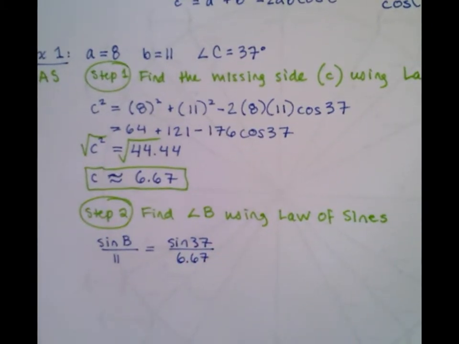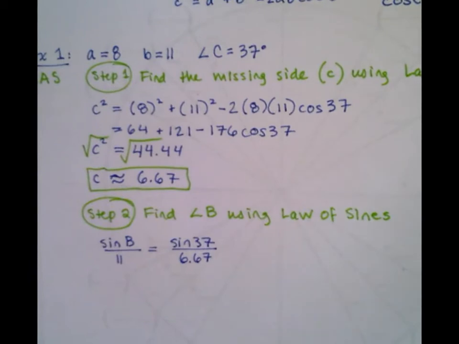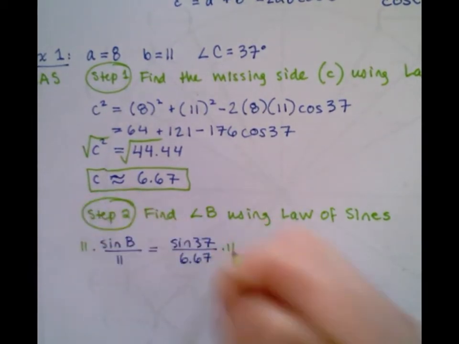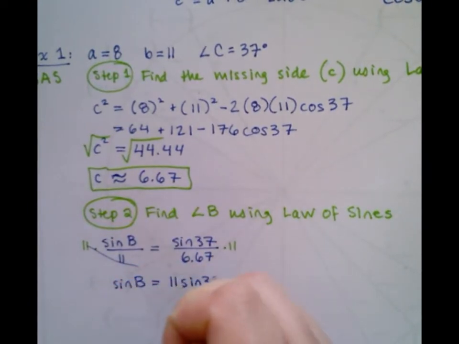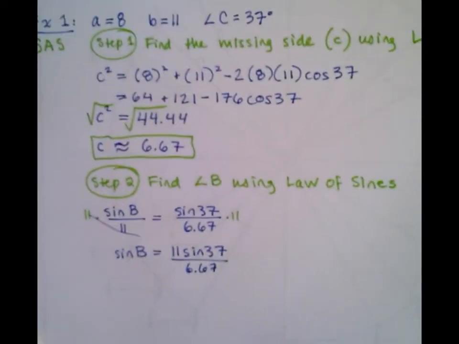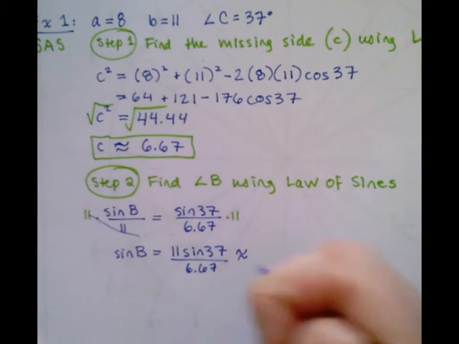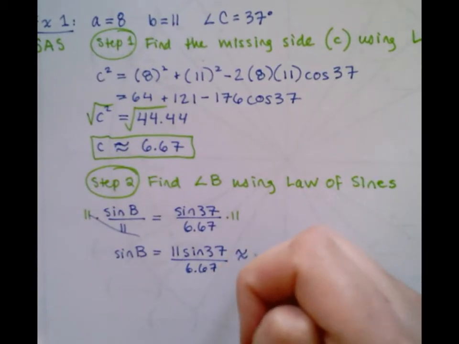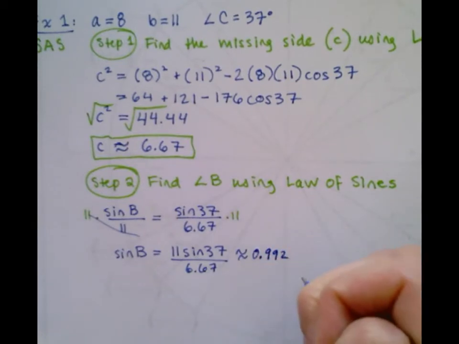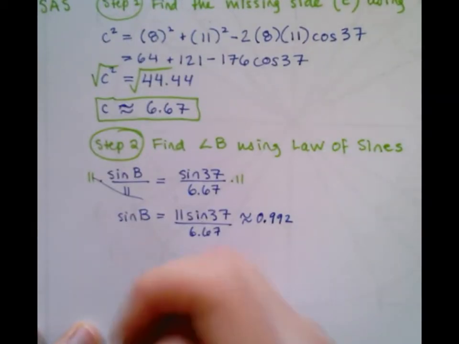To solve for B, I would multiply both sides by 11 to cancel. I get sine of B is equal to 11 sine 37 over 6.67. That's something to plug into the calculator and get a decimal value for. When you do that, I got 0.992.